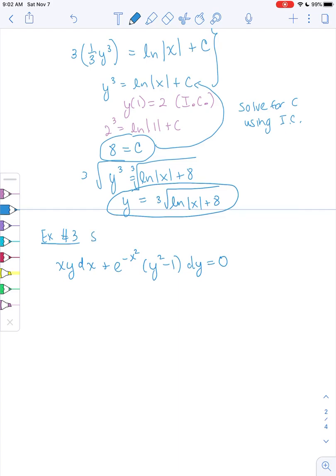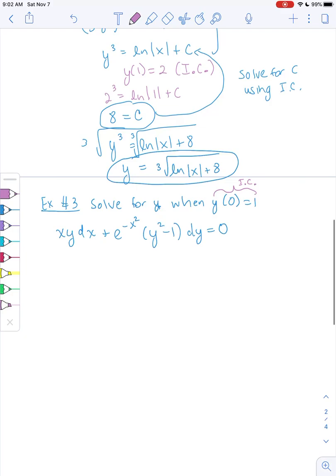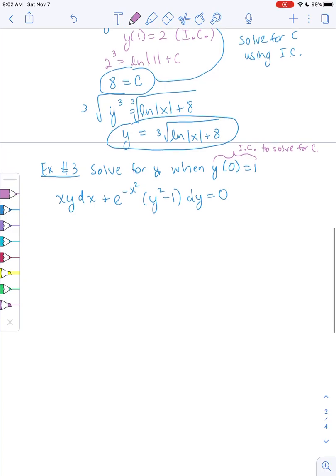So hit pause and separate. Again, the directions will say solve for y when y of 0 equals 1. So keep note that we have an initial condition, so we can solve for c.